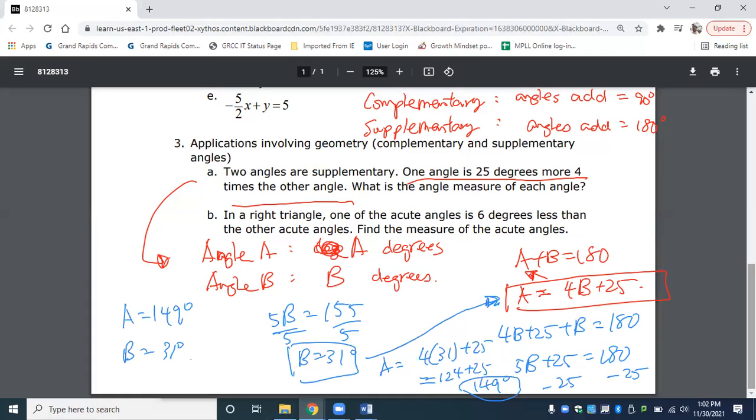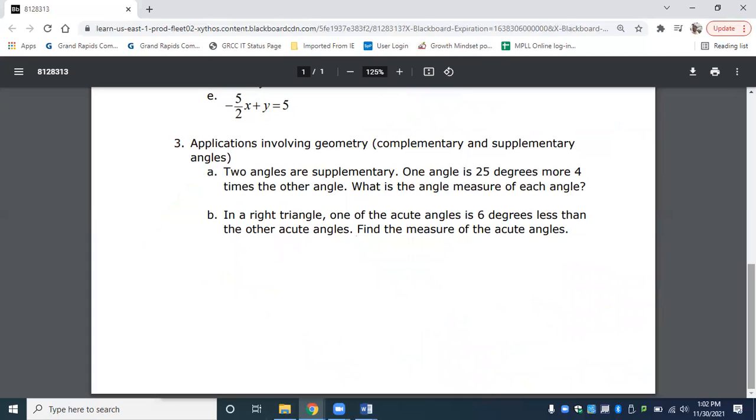Now, for part B, what we end up having is a right triangle. Okay, so again, draw my right triangle. It looks like this. Now remember, that right triangle always has a 90 degree angle. One of its acute angles is 6 degrees less than the other acute angle.